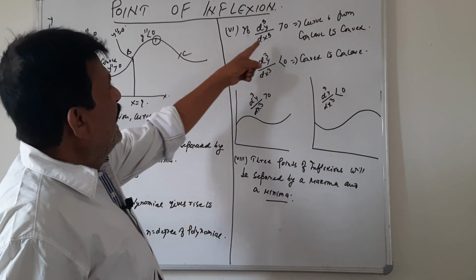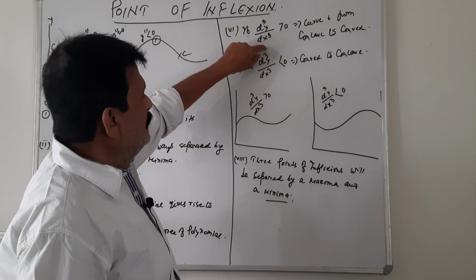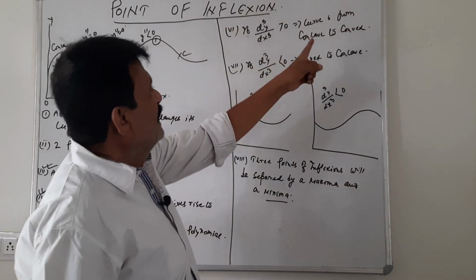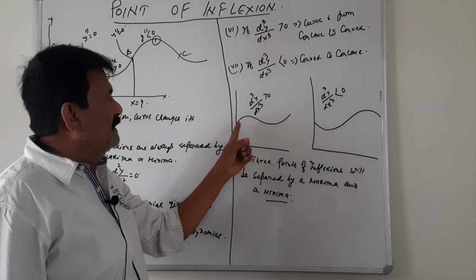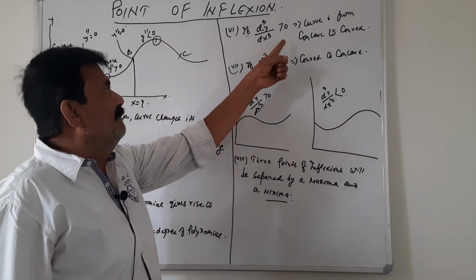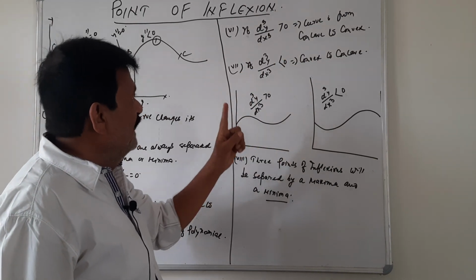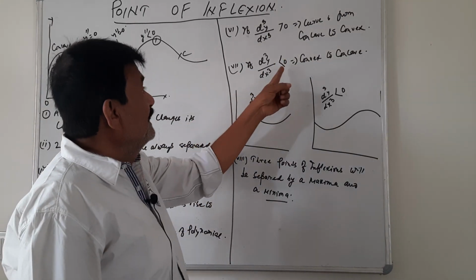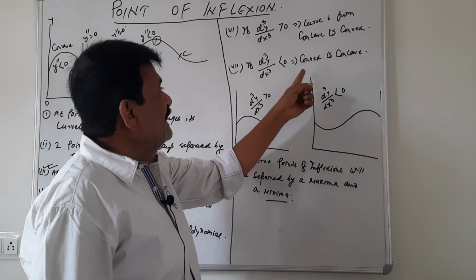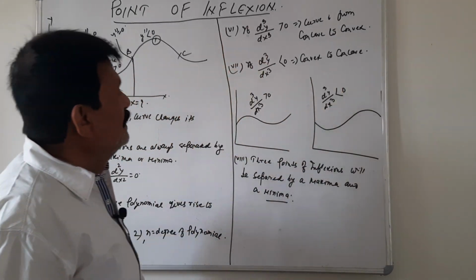If the third derivative is positive, then the curve goes from concave to convex, and if the third derivative is negative, then it goes from convex to concave.